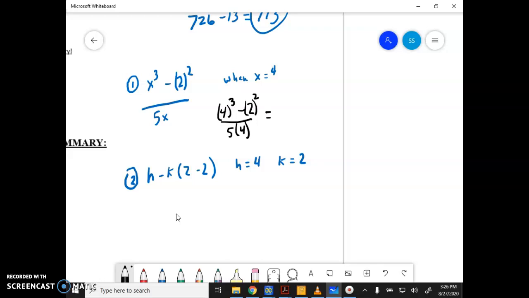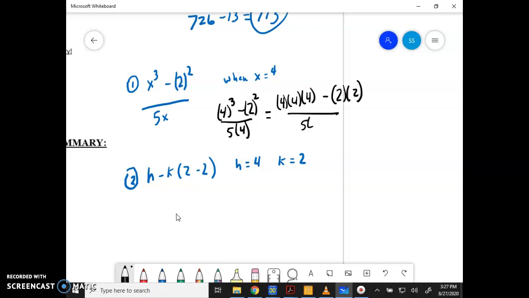I need to do the exponents. Okay, even though I have these grouping symbols, right, there's nothing to do inside them. So if I wrote this out, this is really 4 times 4 times 4, minus 2 times 2.